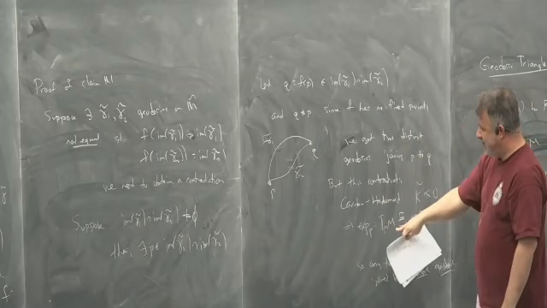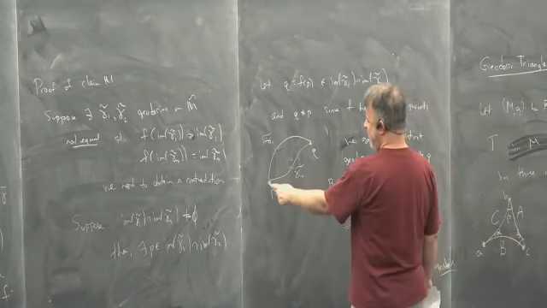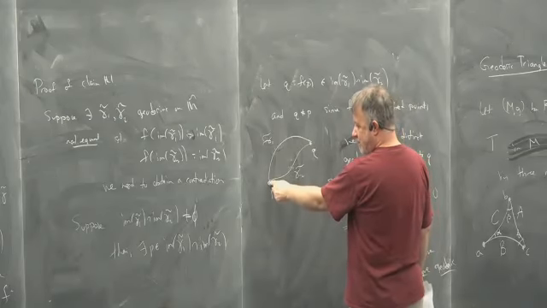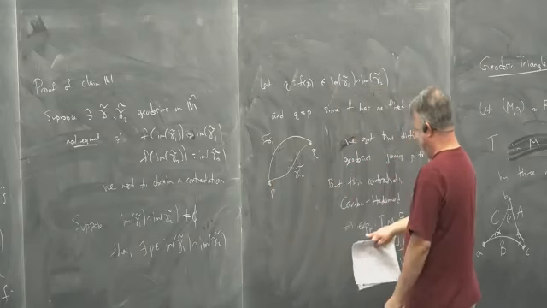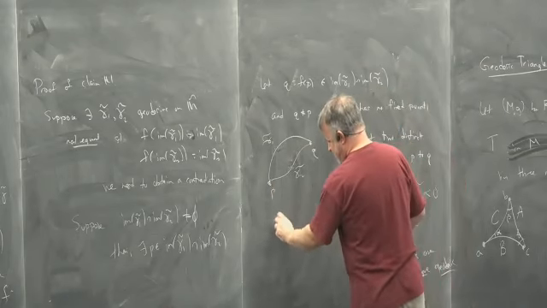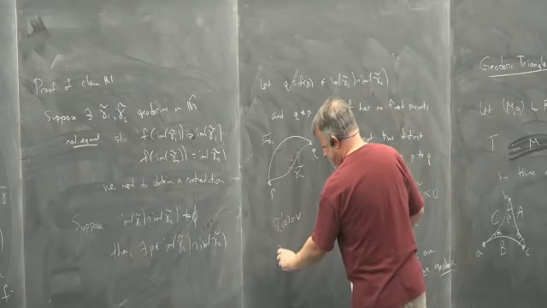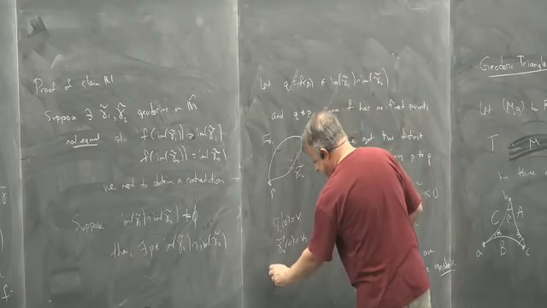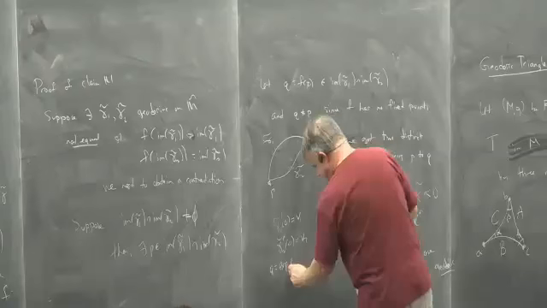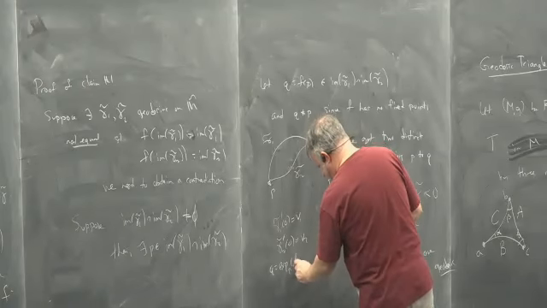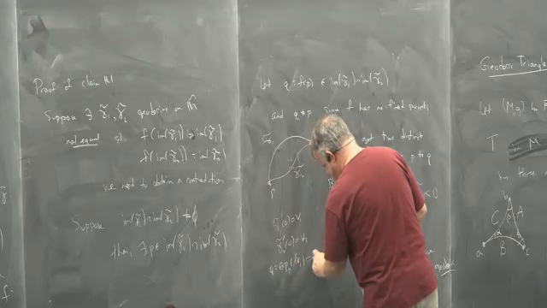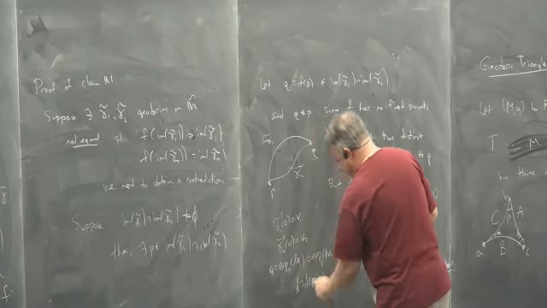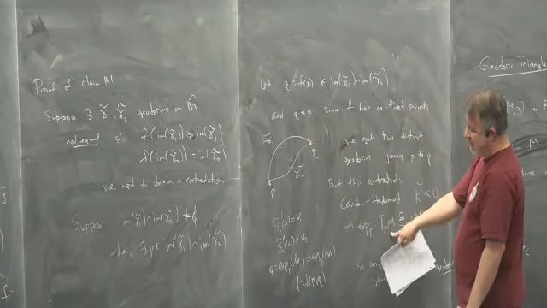So why is that? Let's say I have two geodesics from P to Q. Those geodesics will have initial point P and some initial velocity. I can normalize them, right? That means if I take the initial velocity of gamma 1, call it V1, and the initial velocity of gamma 2, call it V2, that means that Q is exp_P of L V1, and it's equal to exp_P of L V2, where L is the distance from P to Q. And this contradicts the fact that this is a bijection.